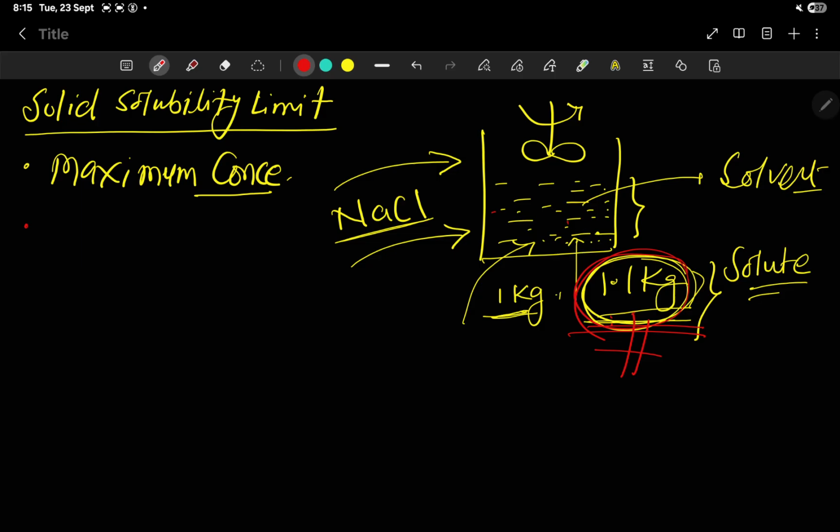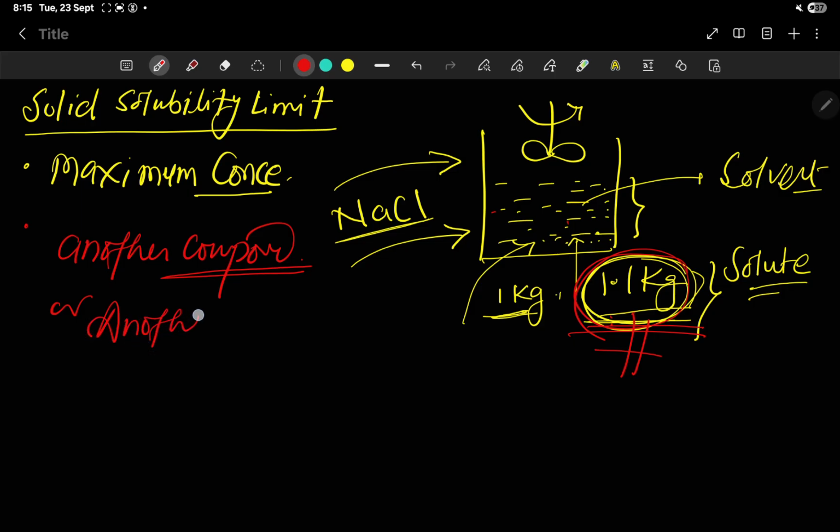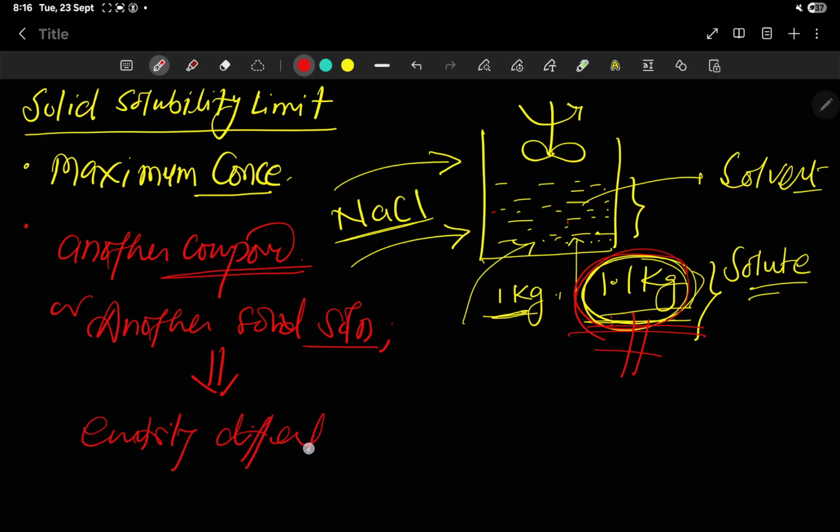Then the excess solute forms either another compound or another solid solution, which will have entirely different properties.